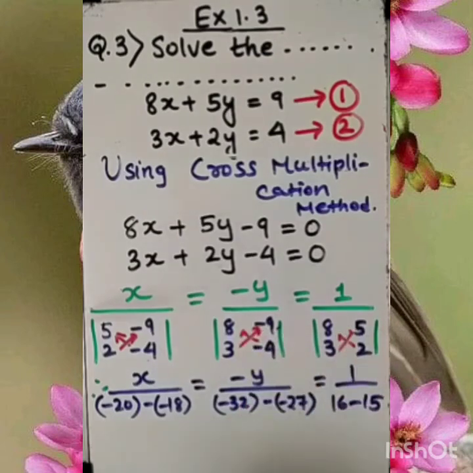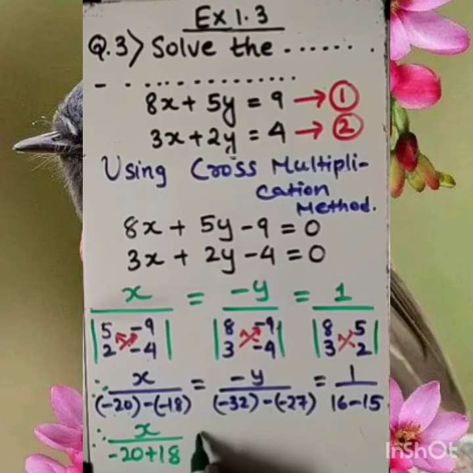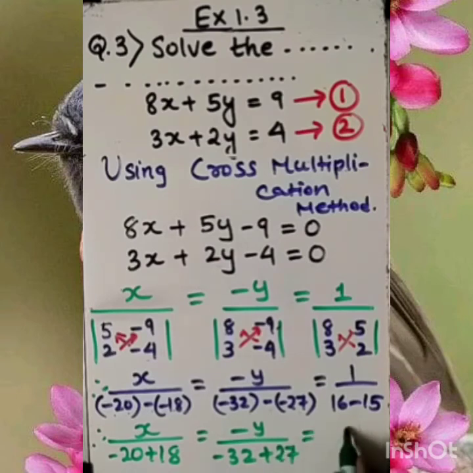Now after doing so, let's move on with the simplification. Therefore, x upon minus 20 plus 18, minus y upon minus 32 plus 27, and of course here 1 upon 16 minus 15 is 1.